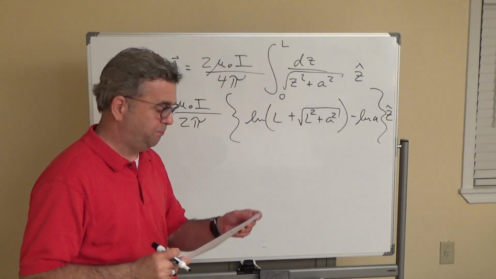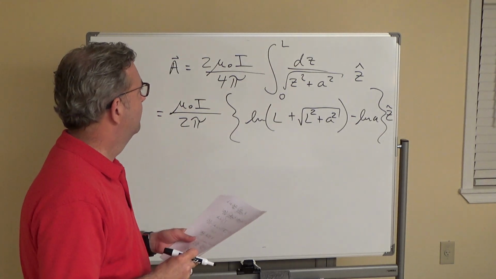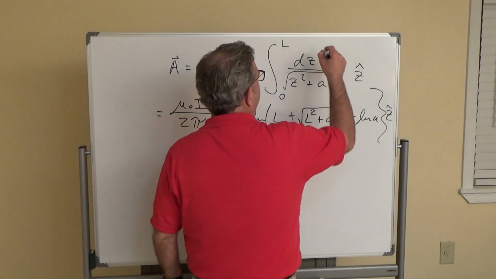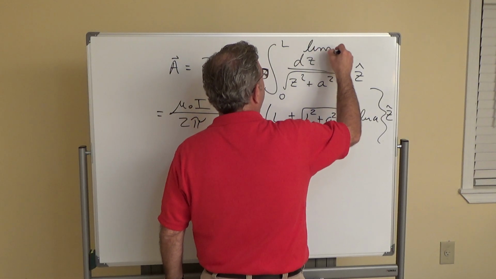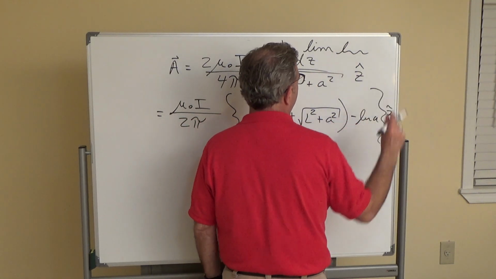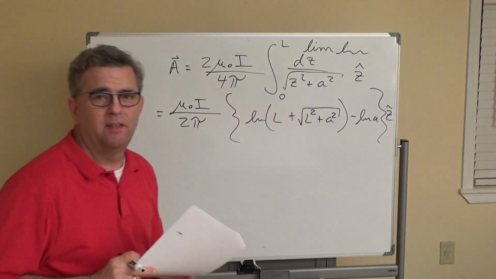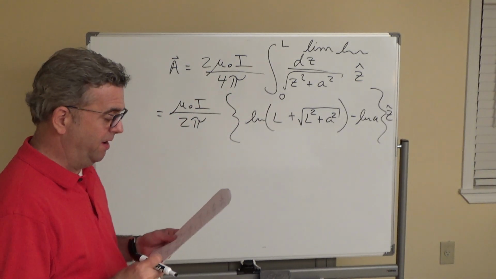Okay, that's an ln of a. You know, I used to teach calculus, and at the beginning of the semester, this is a limit, right? At the end of the semester, this is a limit. So that's the natural log of a.